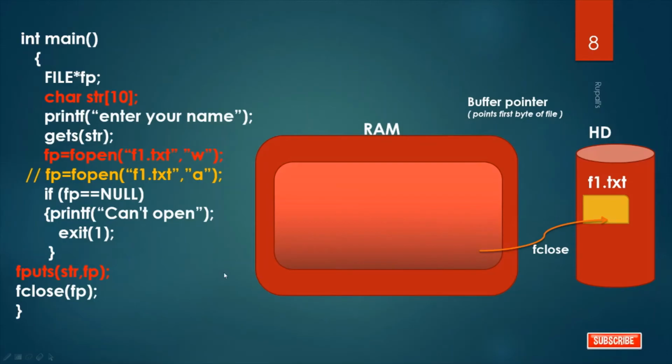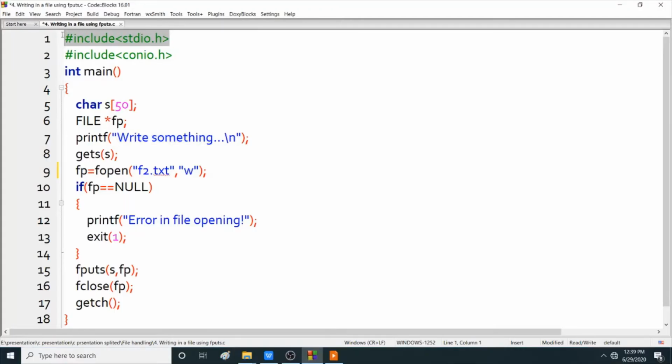Now see the code. You have to include the stdio.h header file. This is our string. This is the file pointer. Now printf, write something, write one string. Now you have to open the file f2.txt where you want to write this input string, and open it in write mode.